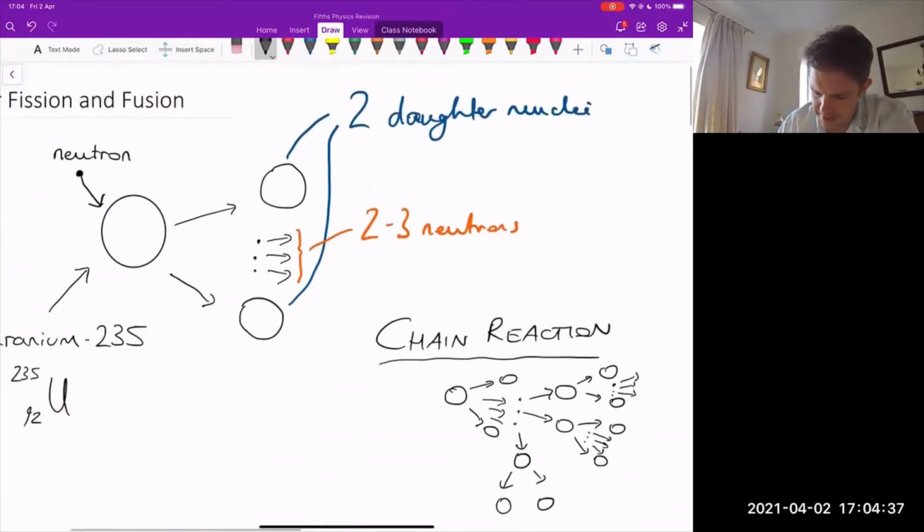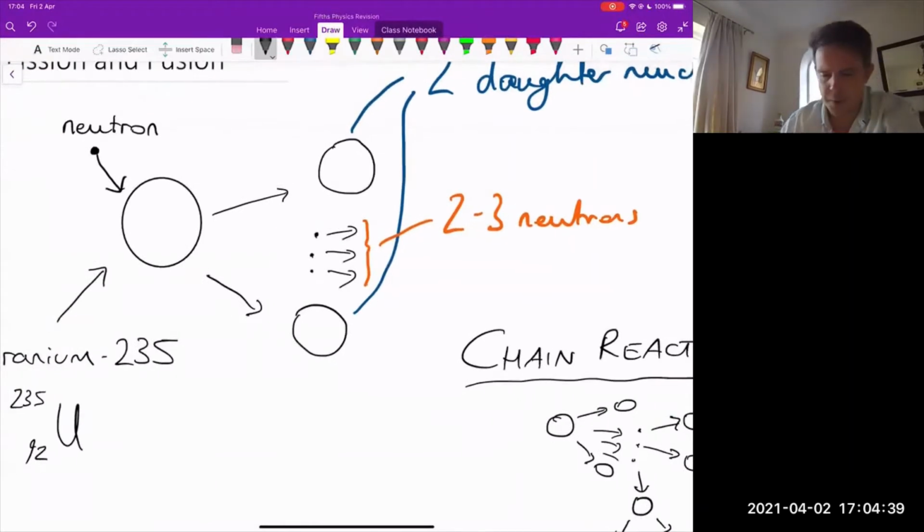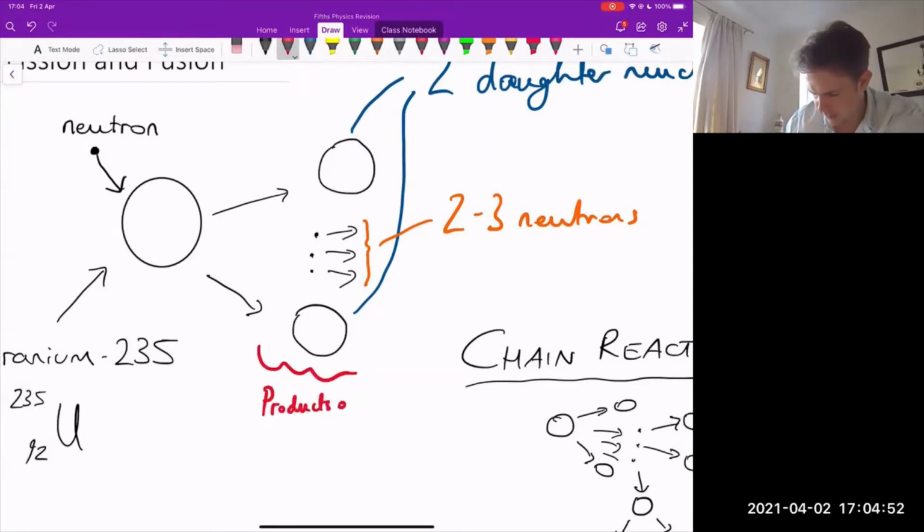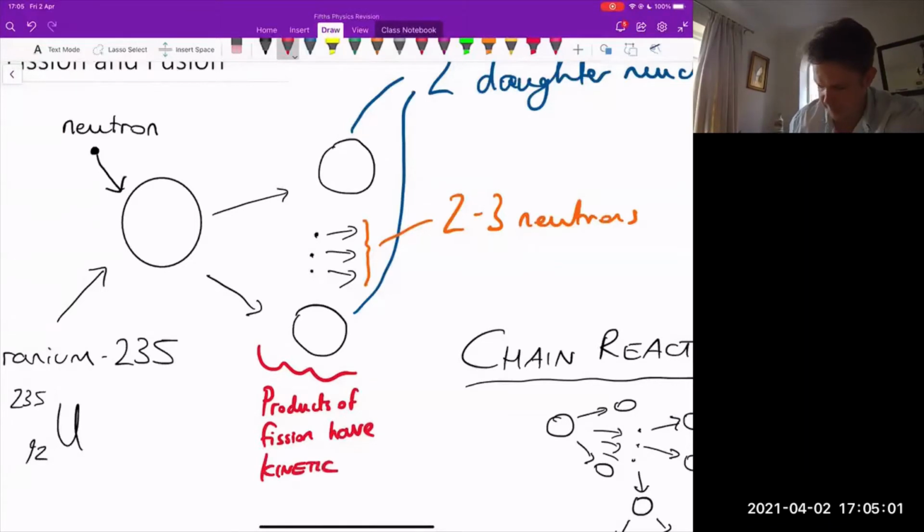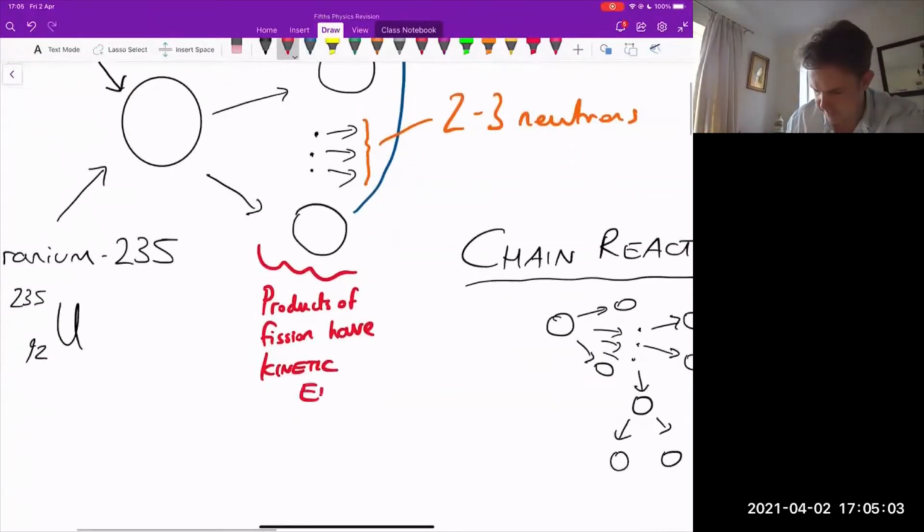Anything left to say about this reaction? Well, there is one other thing that's produced, which I haven't mentioned specifically, and that is kinetic energy. So all these particles have kinetic energy. So the products of fission have kinetic energy. So that's what form the energy produced is in, the kinetic energy of the products.